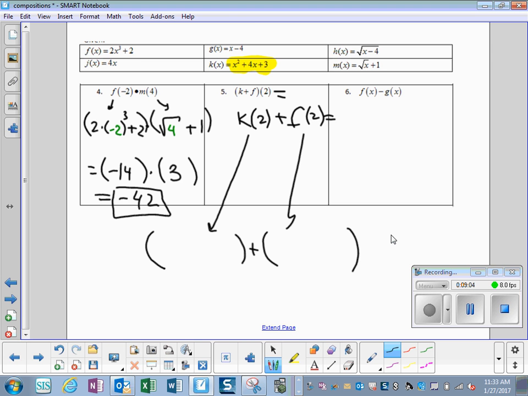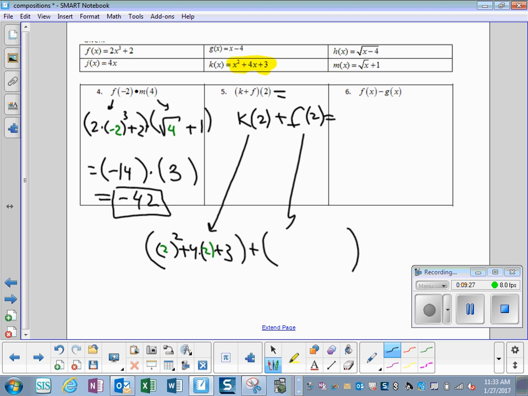Okay. So the k of 2. My k is right here. X squared. So what do I do for x? Positive 2. So positive 2 squared plus 4 times 2 plus 3.